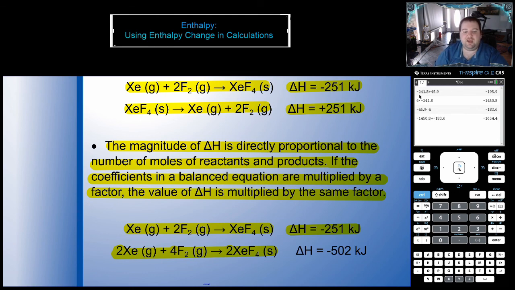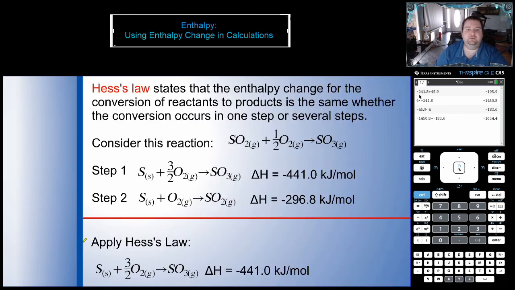Well, if you multiply the whole reaction by 2, to get this new one, then you also have to multiply your delta H by 2. So negative 251 times 2 gives us this new one, negative 502 kilojoules per mole. So those are the 2 rules that you're going to have to live by in this example.